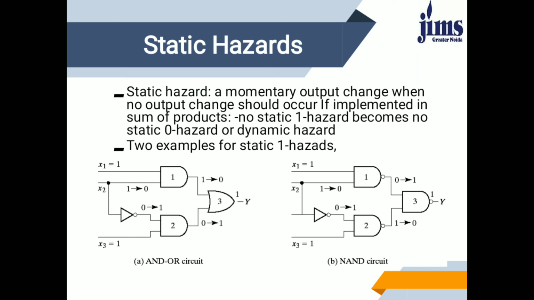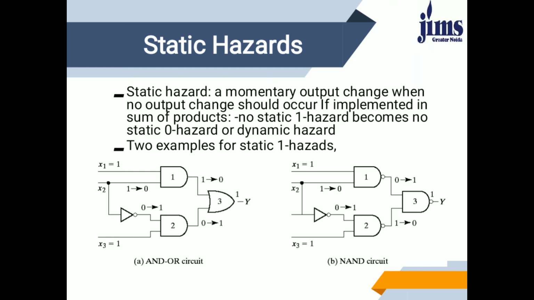Here are two examples for static 1 hazard. See, inputs x1, x2 and x3 are given, and x1 and x3 are 1. Suppose we are changing x2 from 1 to 0. Then due to this NOT gate, a momentary change from 0 to 1 will be generated, and due to this, the output of the AND gate 2 will go from 0 to 1, but it will take some time.